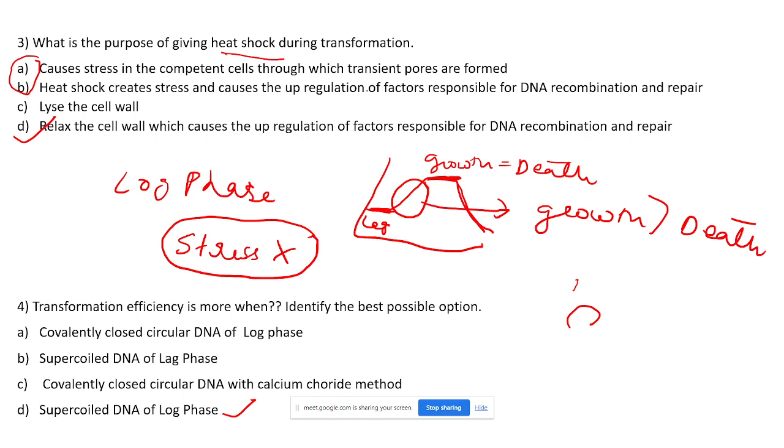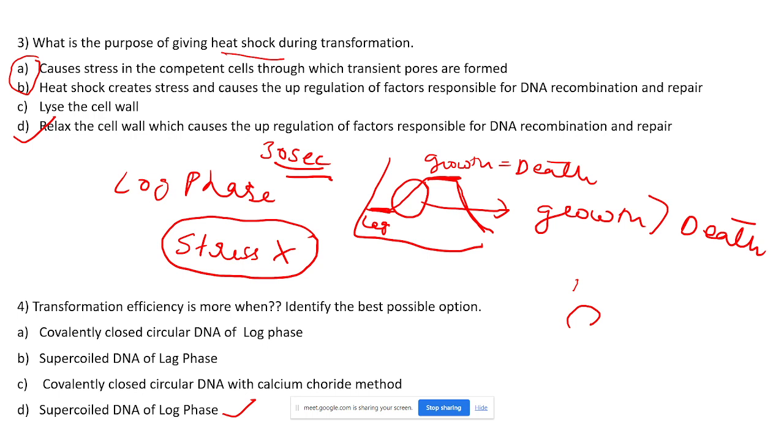In my lab we do just 30 seconds, because after 30 seconds it will start harming your competent cells' membrane. So it depends on the time for which you are giving the heat shock. Up to a certain time, from 30 to 90 seconds, it will help. After that, it will have negative effects.